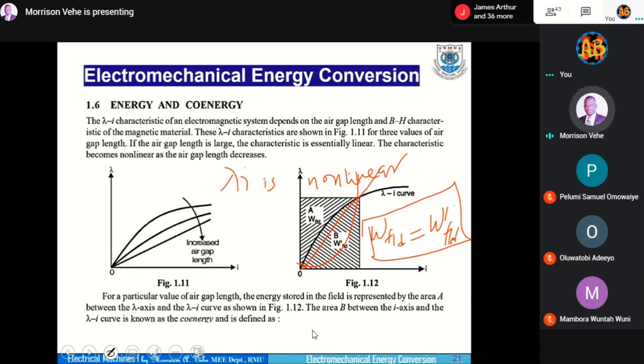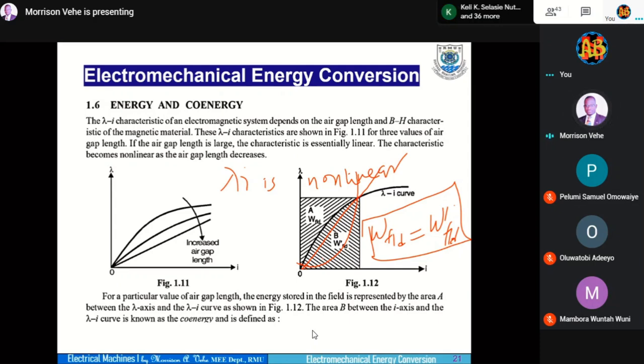For instance, if you are looking at this, it means that you actually have a lot more energy here than the co-energy, which is not establishing a balance.